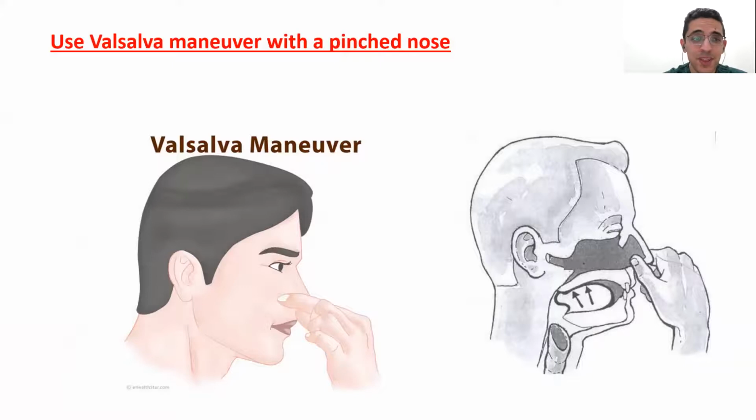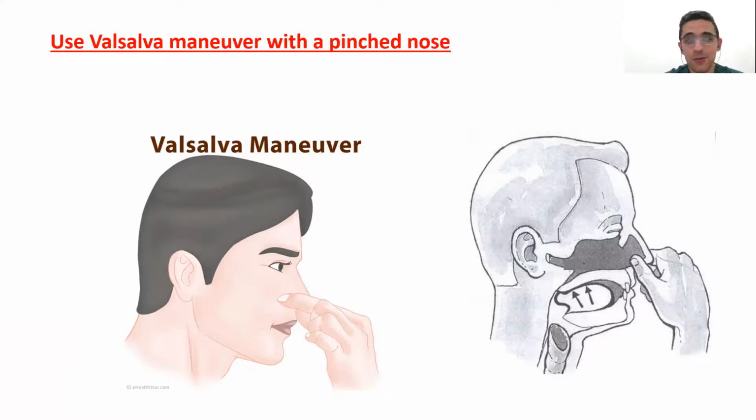This is also one of the tips, to use a Valsalva maneuver. Actually, the Valsalva maneuver has been used for so many years to detect many things, like microvascular malformations, and it has been used by anesthesiologists to check many things.